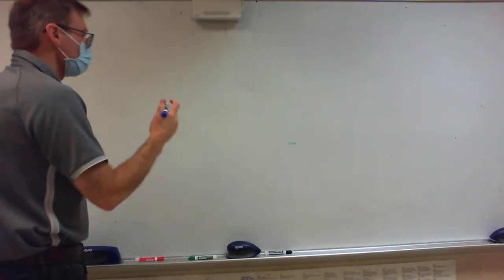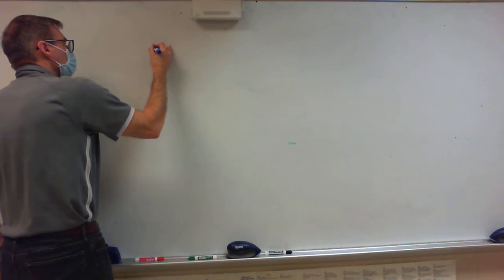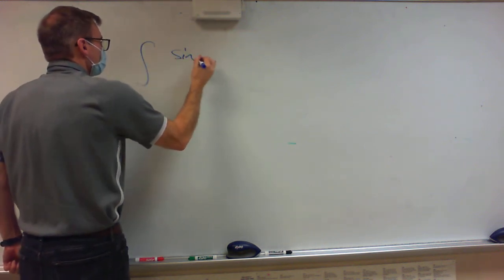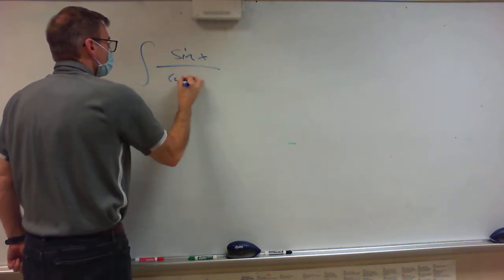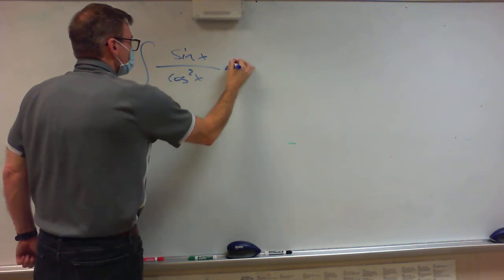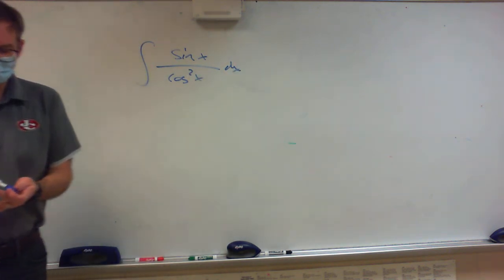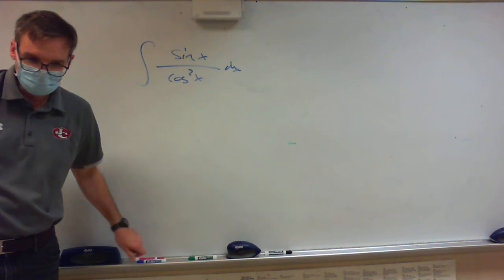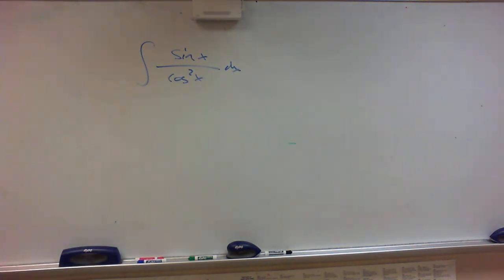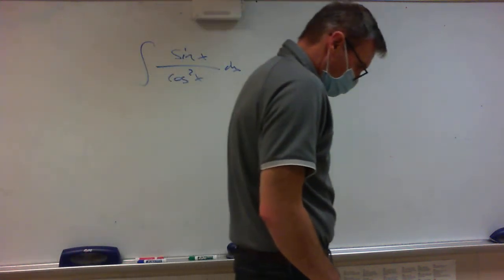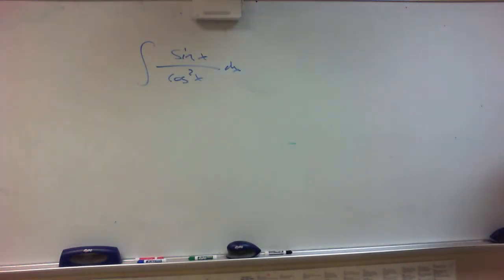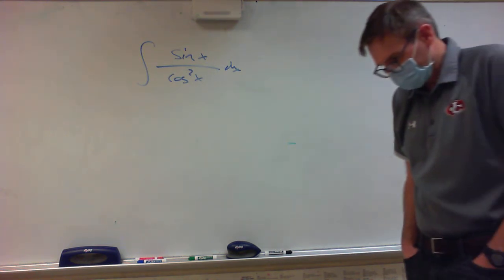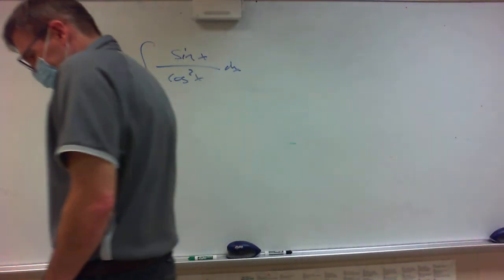And let's do, what's the integral of sine x over cosine squared x dx? Do we have to use trig identities for this?